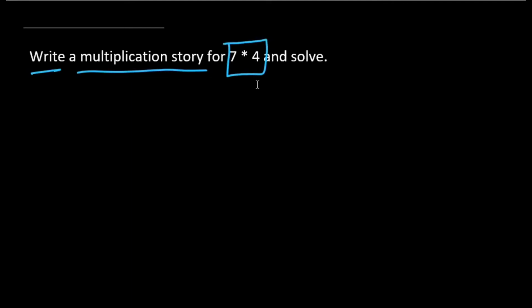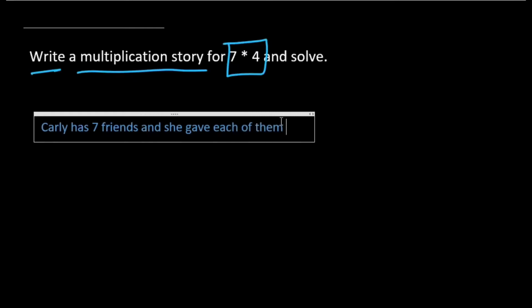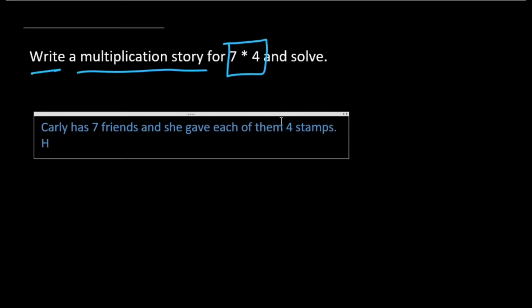We're going to do something like maybe Carly has 7 friends, and she gave each of them, let's say, 4 stamps. How many stamps in total did she give her friends?